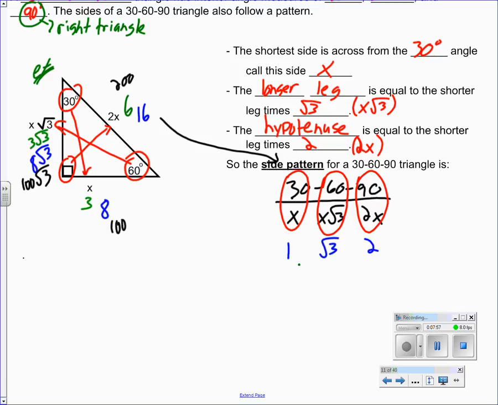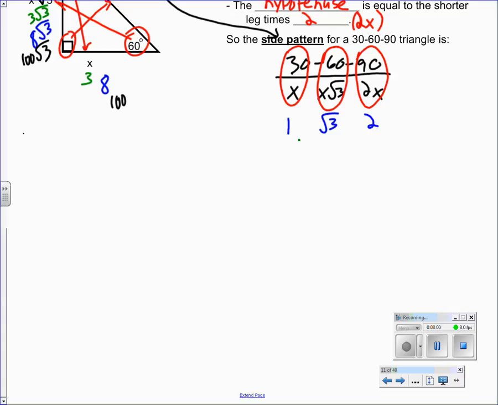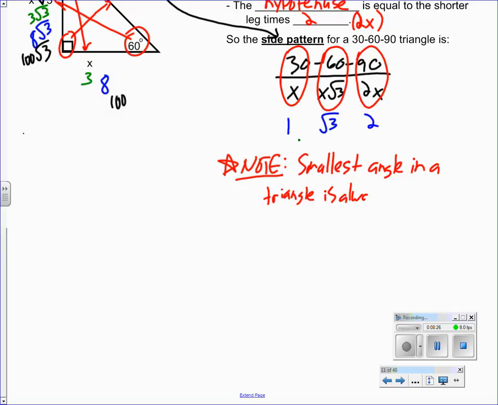One thing about triangles, we can see this from the side pattern here, but it's true for every triangle. So just a note at the bottom. The smallest angle in a triangle is always opposite the smallest side.